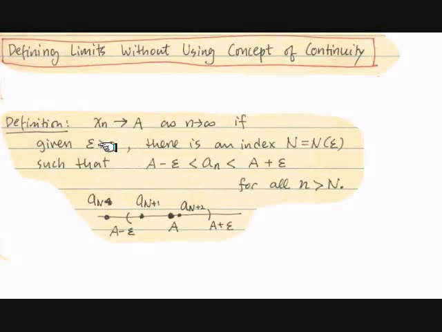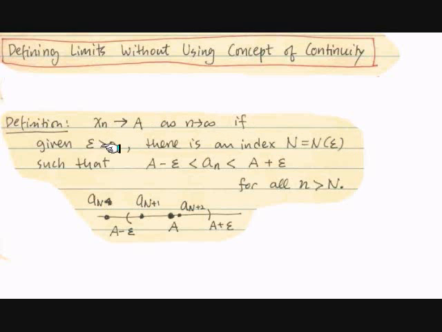It's arbitrarily given, and usually denoted by epsilon. In an actual example, we have to deal with this epsilon to establish the fact, this arbitrarily small quantity. There is this index. These were the 100th and 500th and 1000th terms that I was talking about. And this depends on epsilon, just like we did before. If it is 1/2, it starts from 100. If it is 1/4, it may start from 500 and so on.